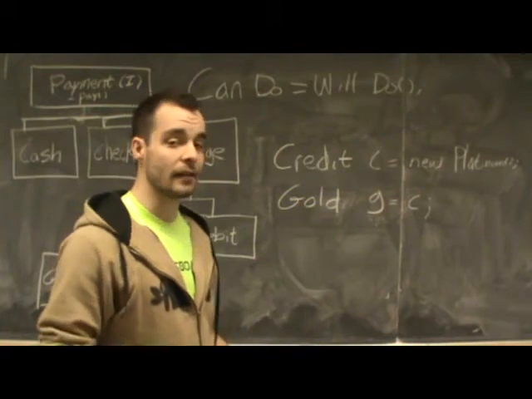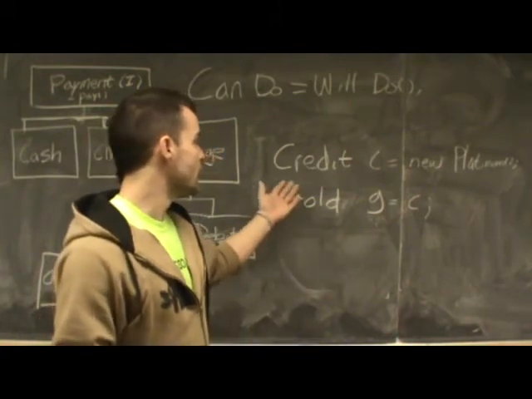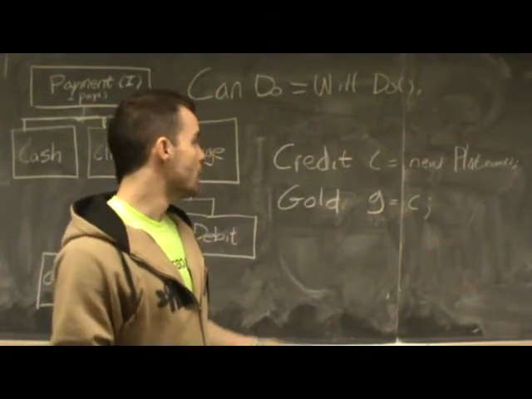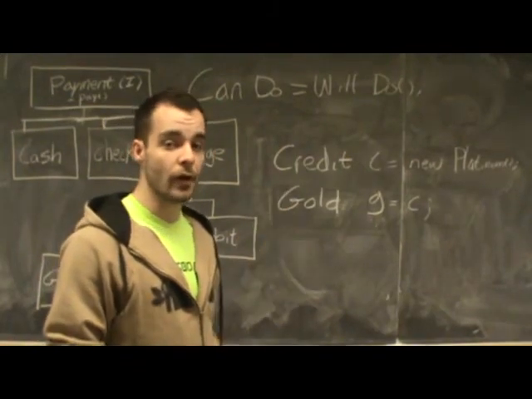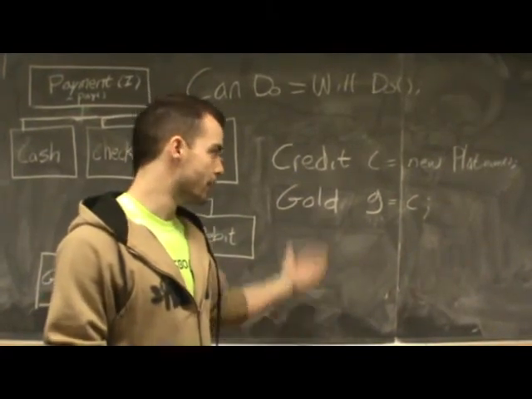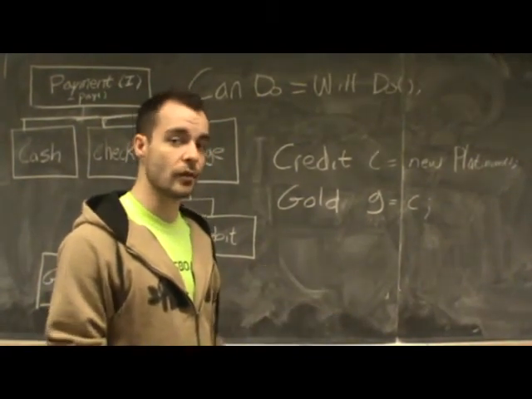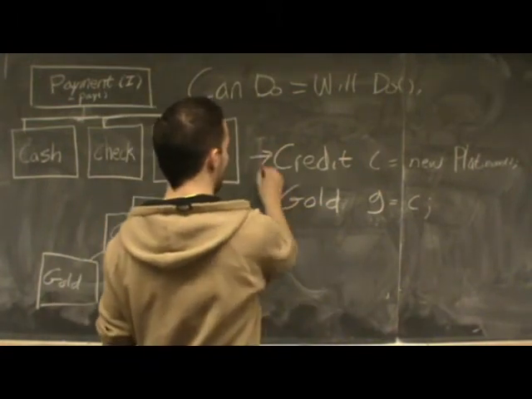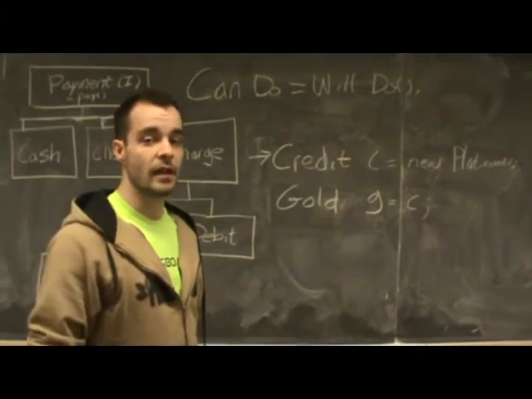Well, that's not legal, but because it's still a type credit, you're not going to get a compiler error because for all the compiler knows, this credit could be a gold. Just like before, it could have been a platinum. It just so happens it was. But in this case, the line creating the platinum actually is legit. But it's this line, gold G equals C, that is not.